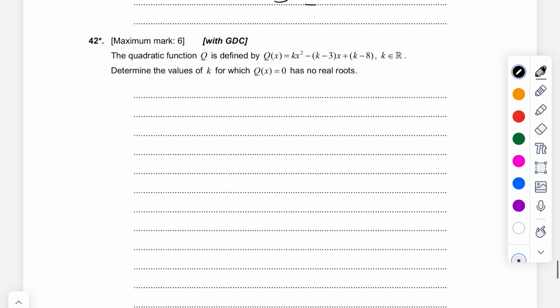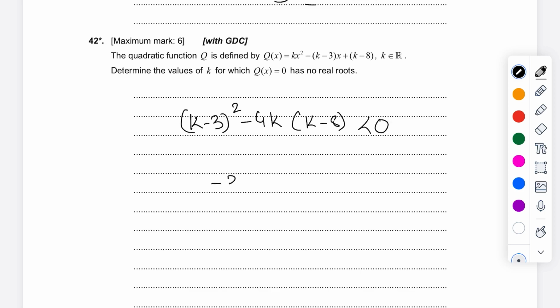Question number 42. The quadratic equation is there. Determine the values of k for which q of x has no real roots. No real roots means b square minus 4ac should be less than 0. So k minus 3 whole square minus 4k times k minus 8 should be less than 0.